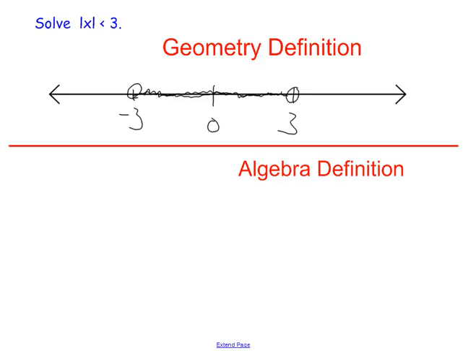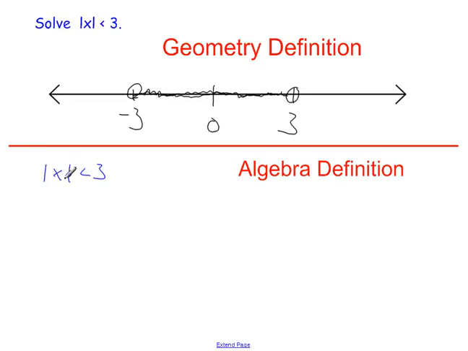Now we want to use the algebra definition. To use the algebra definition, we have the absolute value of x is less than 3. Well, I've asked the question many times, is this positive or negative? And hopefully you remember that we don't know.